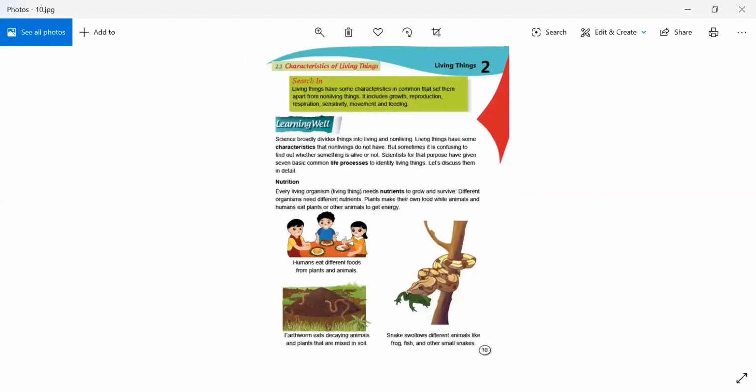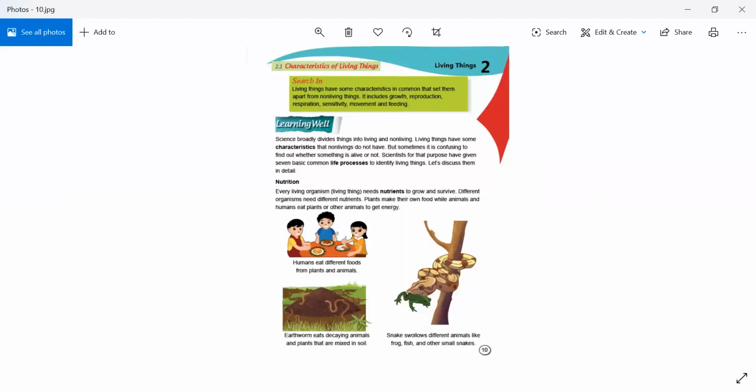Some characteristics of living things are not present in non-living things. But how we can identify some characteristics? There are 7 basic common life processes which scientists have given to identify that the things are living. Like if I am taking an example of a baby and an example of a table.